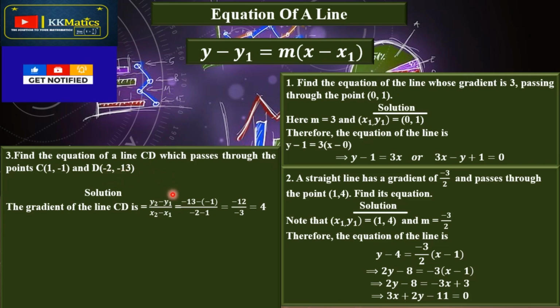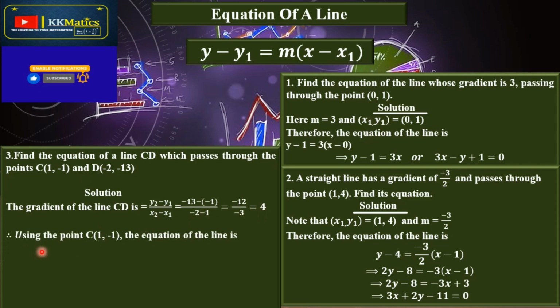So we subtract, and always be careful of the minus sign. We know minus minus makes it positive. So we have minus 13 plus 1, which produces the answer minus 12. And minus 2 minus 1 gives us minus 3. And this equals 4.